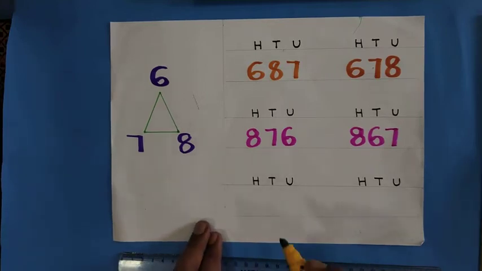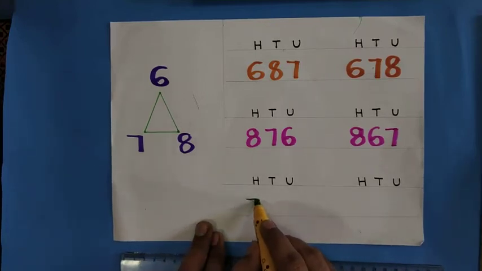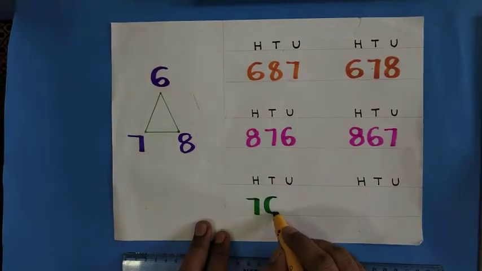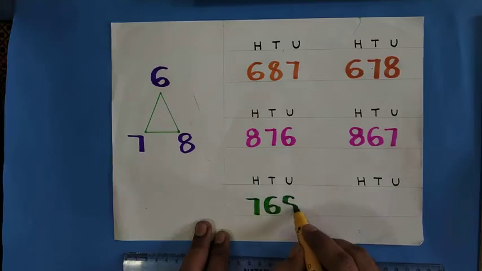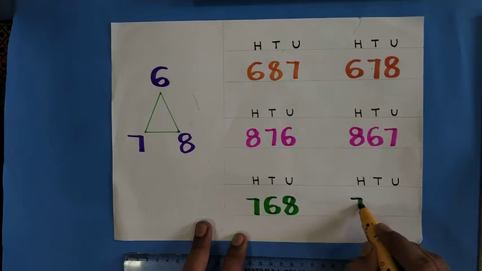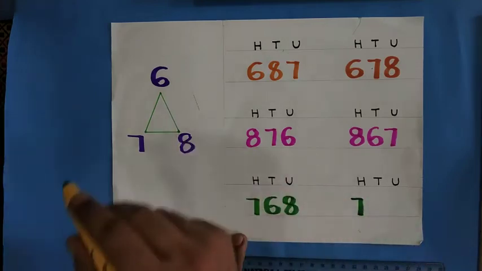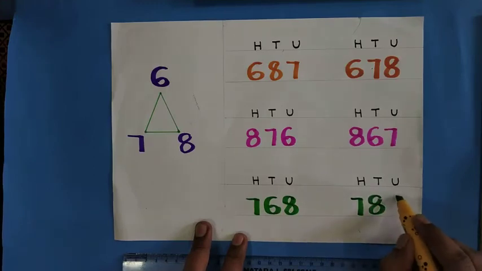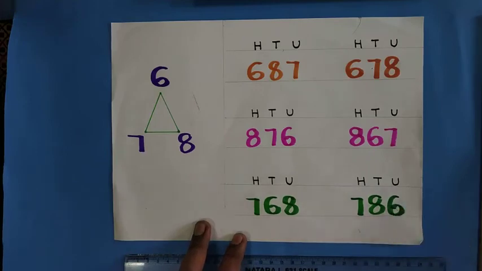Now we'll take 7 at the 100 place, clockwise. 6 at the tens place and 8 at the unit place. You got the number 768. Again 7 at the 100 place, anti-clockwise, 8 at the tens place and 6 at the unit place. So again you got the 3-digit number 786.